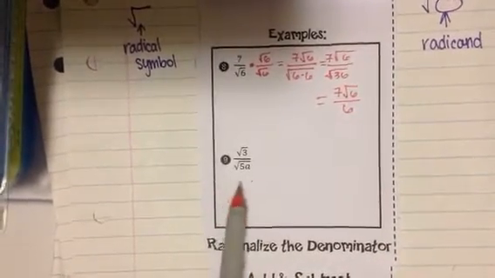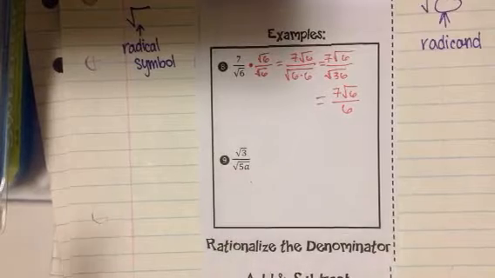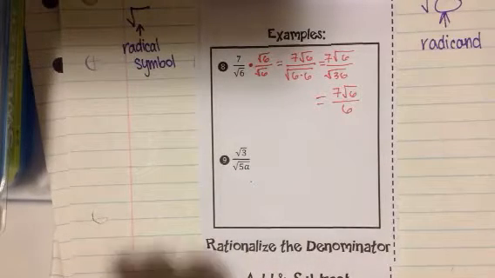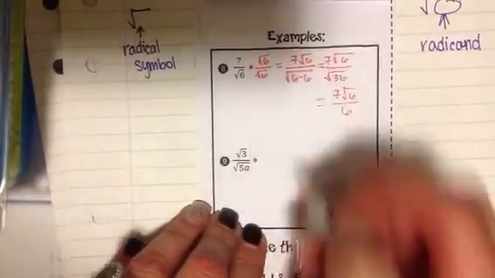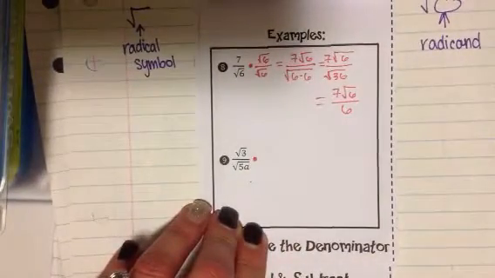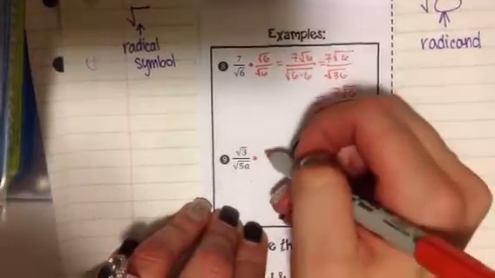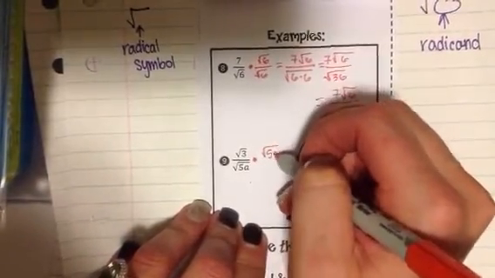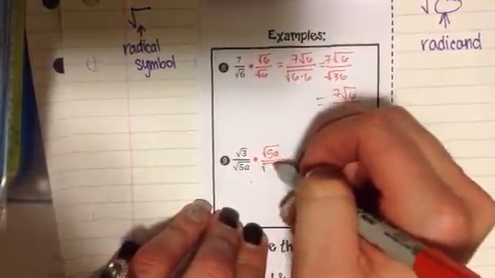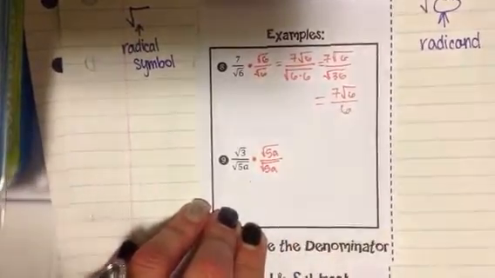We have again a square root in the denominator. It's not allowed, it's not simplified. So we have to multiply it by a 1. Well, what's that 1 going to be made of? Hopefully you said that it's going to be the square root of 5a over the square root of 5a.